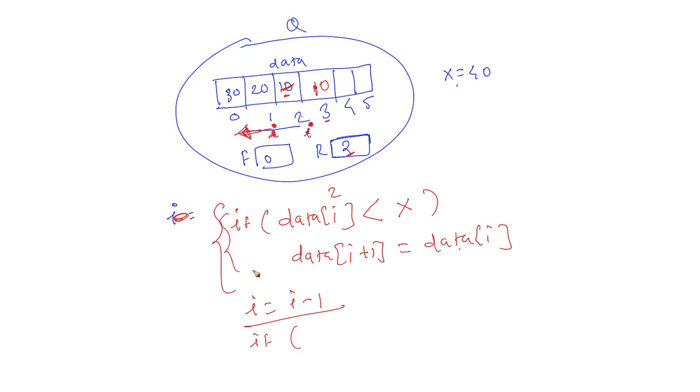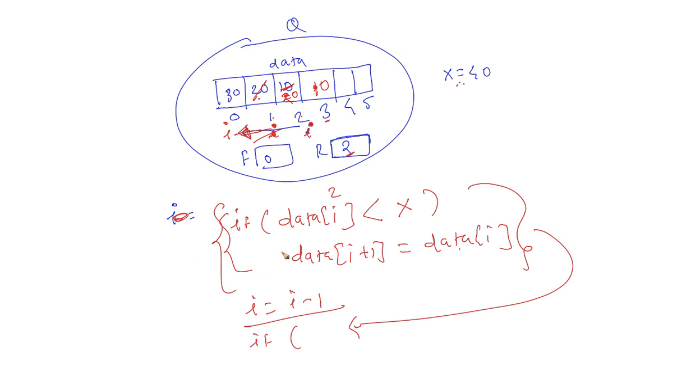Same loop, same if I'll write here after decrementing i, and now i is 1, so data of 1 is compared with x. Data of 1 is 20 and that is less than 40. So again I shift: data of i plus 1 is equal to data of i, i is 1, so i plus 1 is 2, data of 2 is equal to data of 1, so 20 will be shifted here. Again I'll decrement, i will come to 0 location.